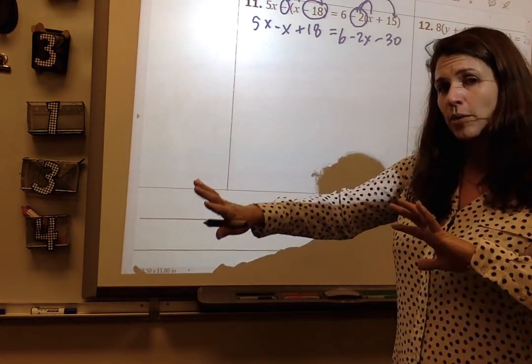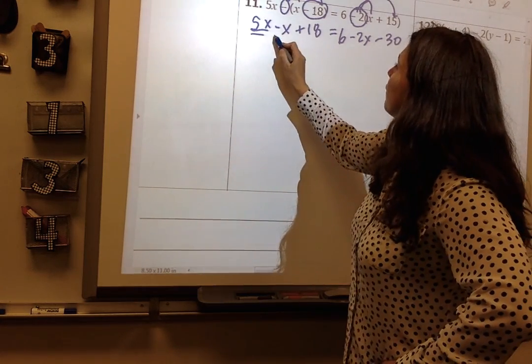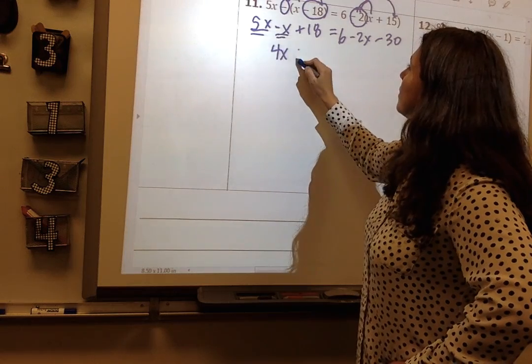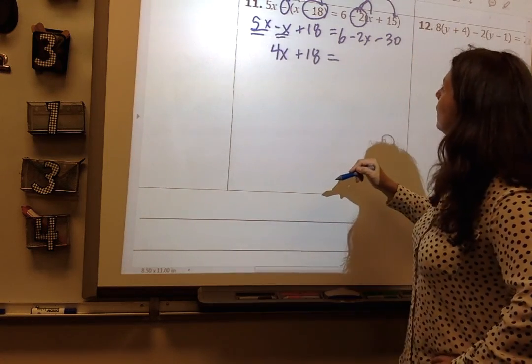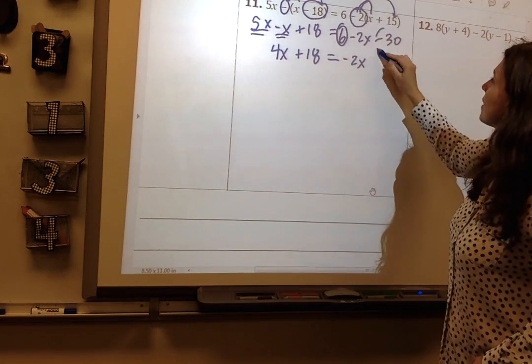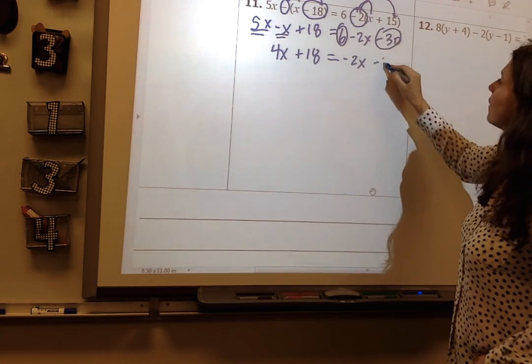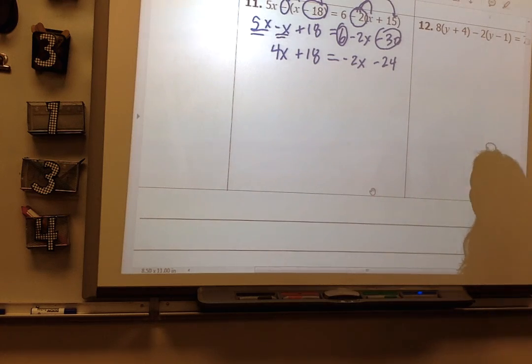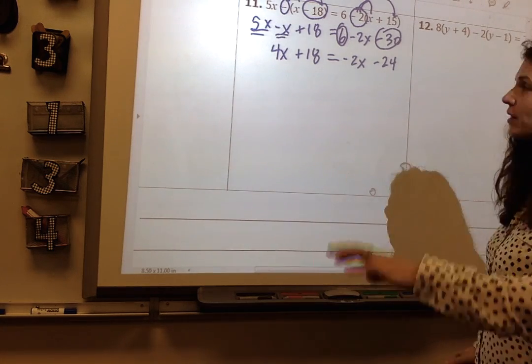So I've distributed both sides. Now I'm going to simplify both sides. So over here I can combine 5x and negative x to be 4x plus 18 equals negative 2x is fine, he's by himself, but I can combine this 6 and this negative 30 to be negative 24. Now I'm still going to move my variable term to the left.